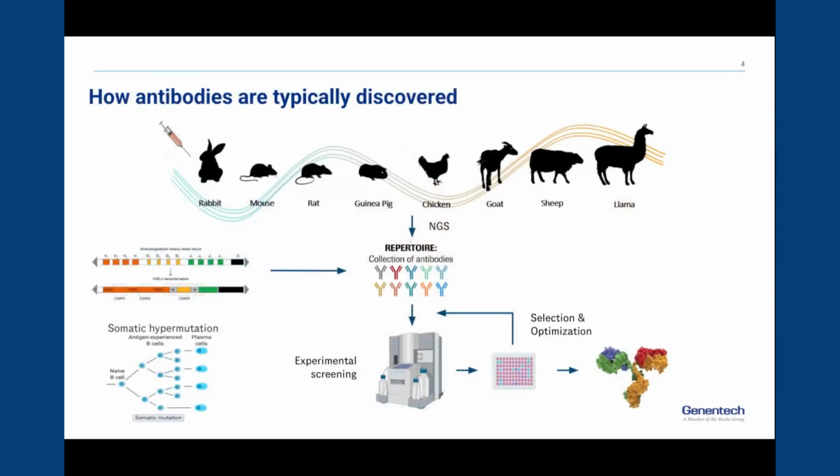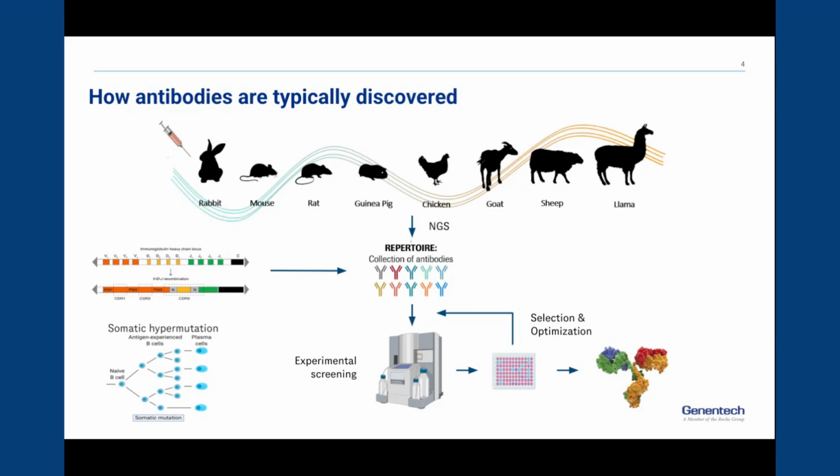The typical way to discover antibodies, there are basically two ways. The first one is to use some kind of library design and display technologies, and the other way, which is very commonly used in my company, is immunizing animals.